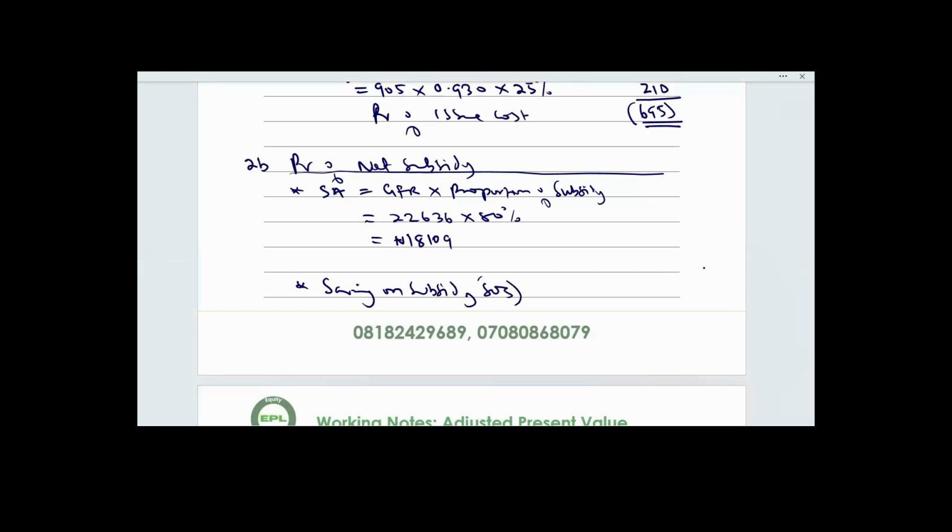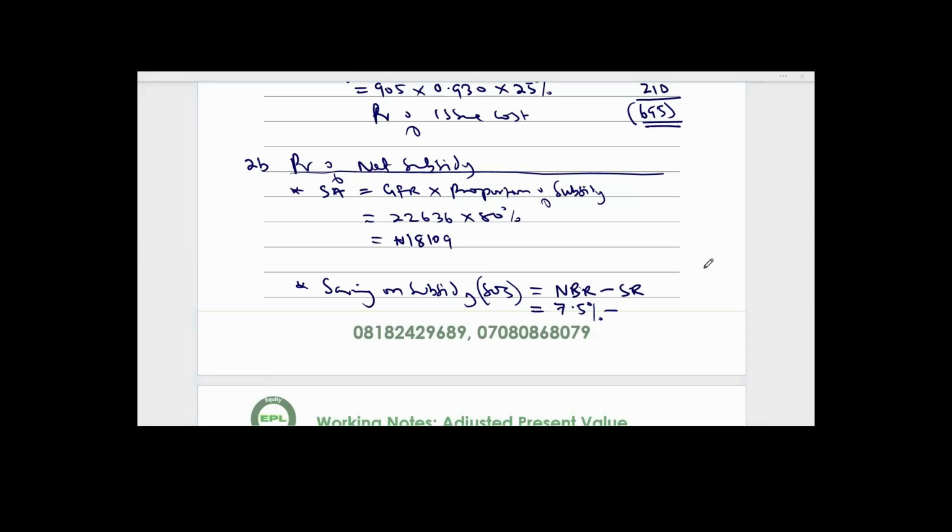Savings on subsidy is the normal borrowing rate, which is 7.5%, minus the interest rate on the subsidized loan.